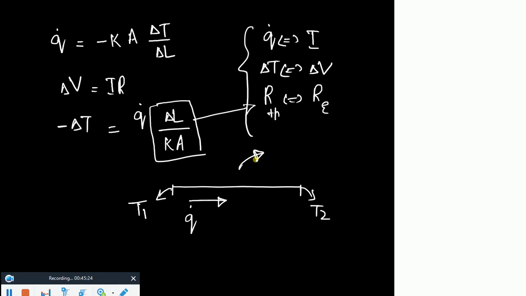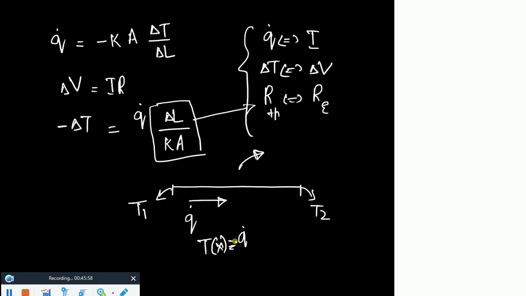Remember, you would only use this thermal resistance concept once you have constant heat transfer rate, and there should be no heat generation as well. The system needs to be 1D. The system should behave in a steady state condition. Steady state condition means constant heat transfer rate, and there should be no heat generation. So if I try to develop this kind of relation for a phenomena where you have heat generation, what was the relation?